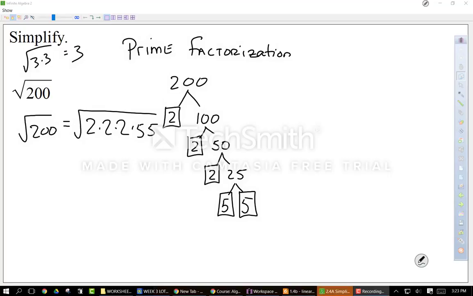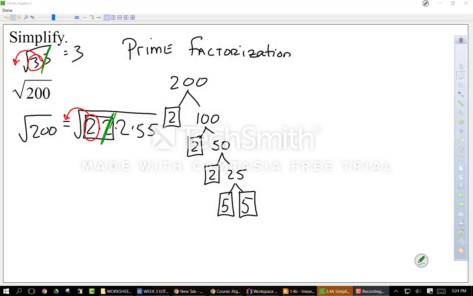So for the square root of 2 times 2, one of the numbers comes outside, just like this 3 came outside, and the second number that's paired up with it just gets forgotten about. I kind of used it in class saying, it throws in the trash. That number is no longer important because the square root takes care of that.